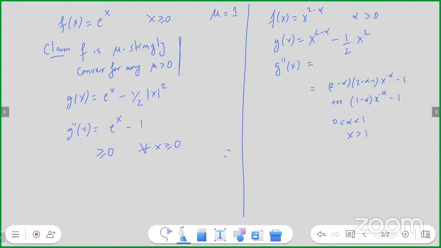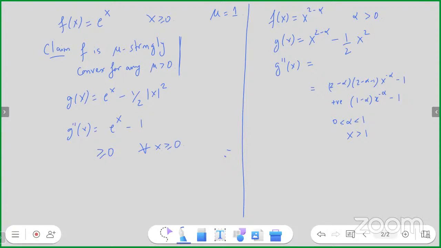So the product is smaller than 1. But what happens to this? Minus alpha is, it's more than 1, possibly. But just think about it. For large enough x, that will get cancelled out. I don't want to be precise, but for some large enough x, it won't be too large because this is at most 2. So for not large enough x, this is not going to be convex.